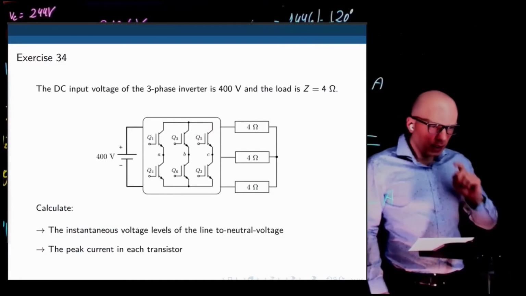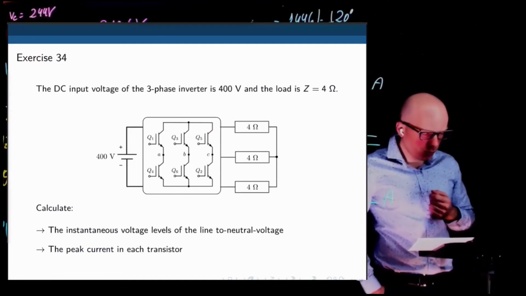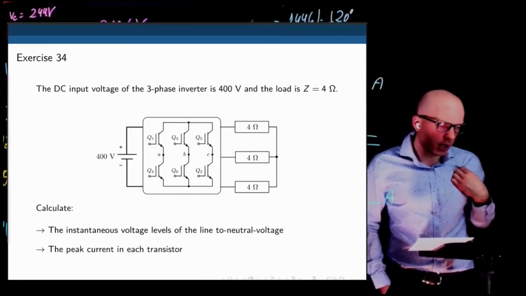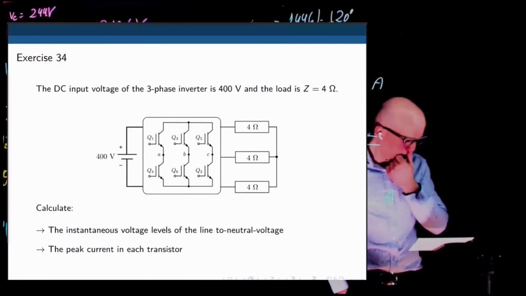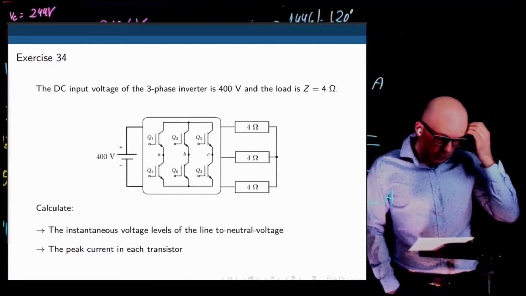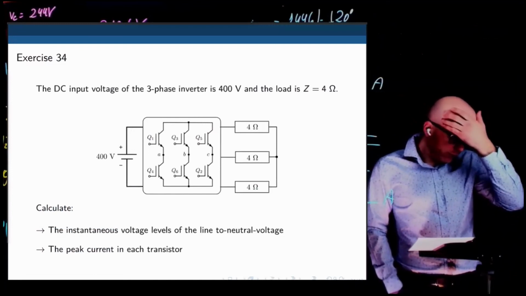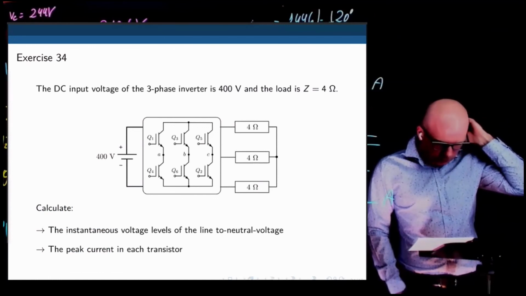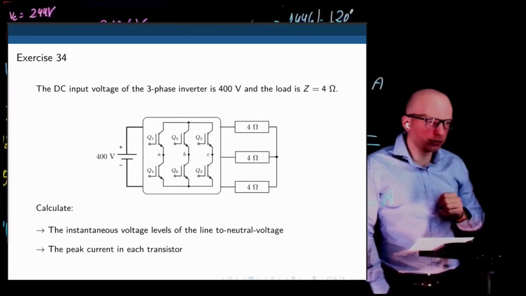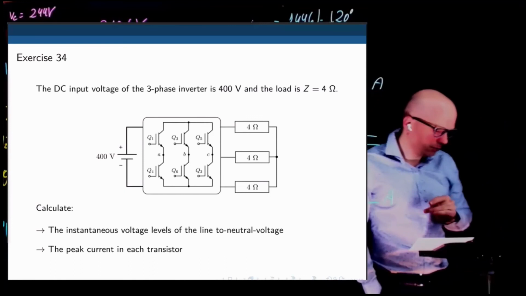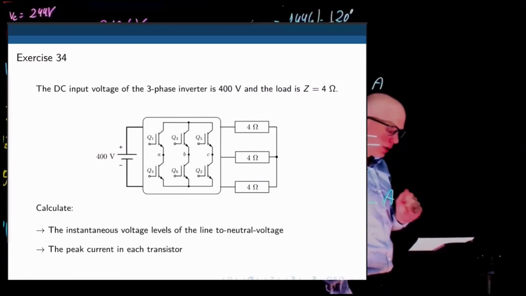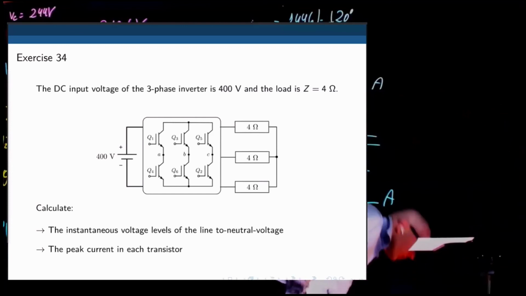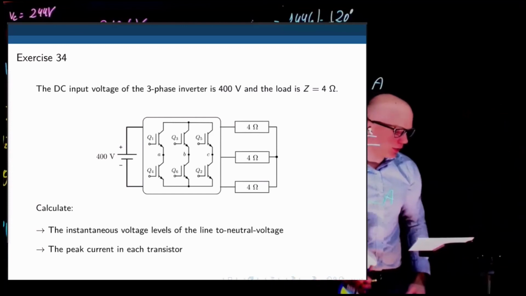All right, so we can attempt this exercise, which is very simple as well. We have a DC input voltage of 400 volts for the three-phase inverter, and the load is 4 ohms. The question asks for the instantaneous voltage levels of the line to neutral voltage, and the peak current in each transistor. So what are the instantaneous voltage levels between phase and neutral?